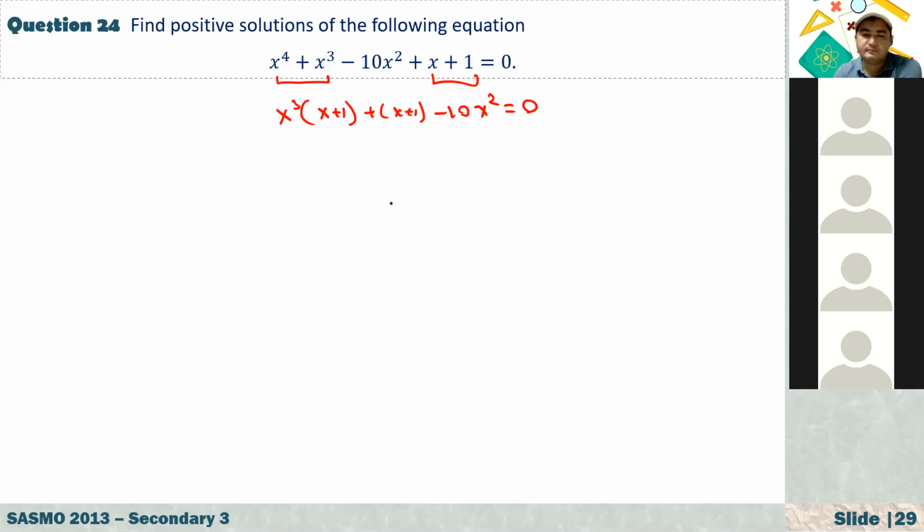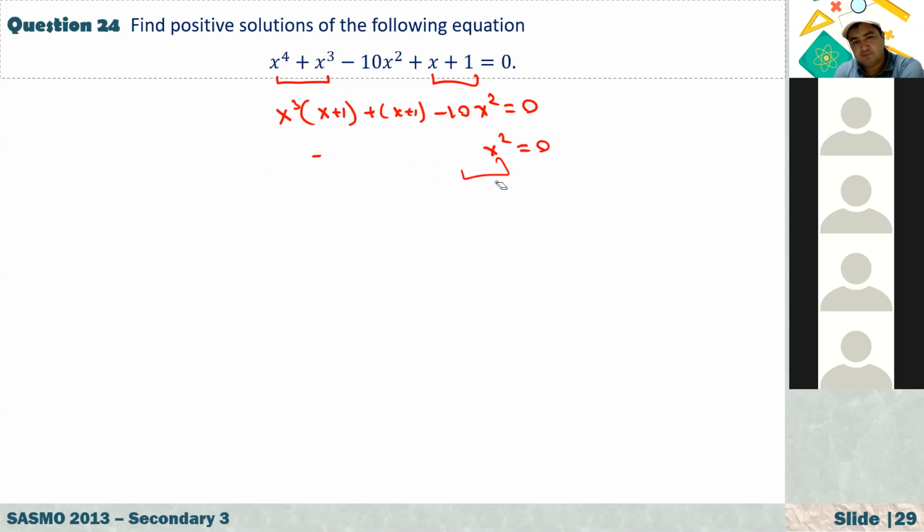Because we have x plus 1 in both of them, we have x plus 1 times x to the power of 3 plus 1. And we don't do anything to that 10x squared yet. Then we factor out x to the power of 3 plus 1. Yeah, how about this one, Arad? How about this 10x squared?